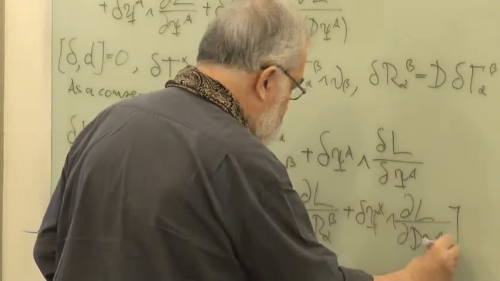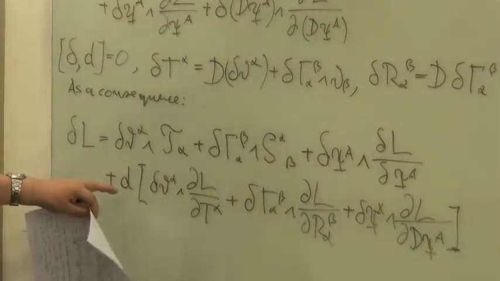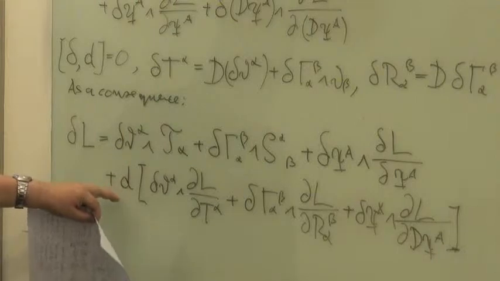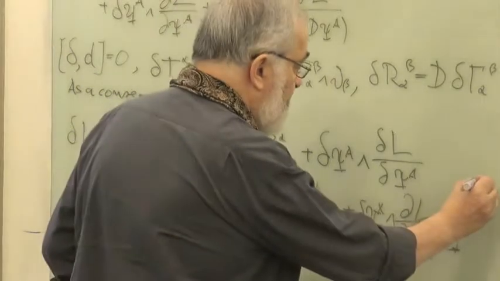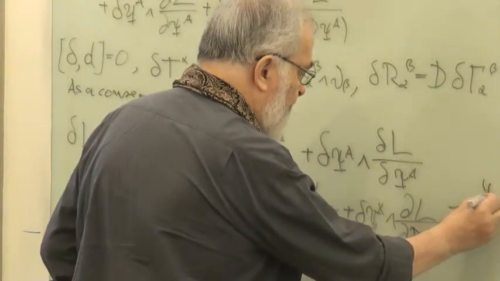Bracket closed. This is a surface term, a divergence, which in the variational process, of course, doesn't play a role, as we know. So this formula I call Y.